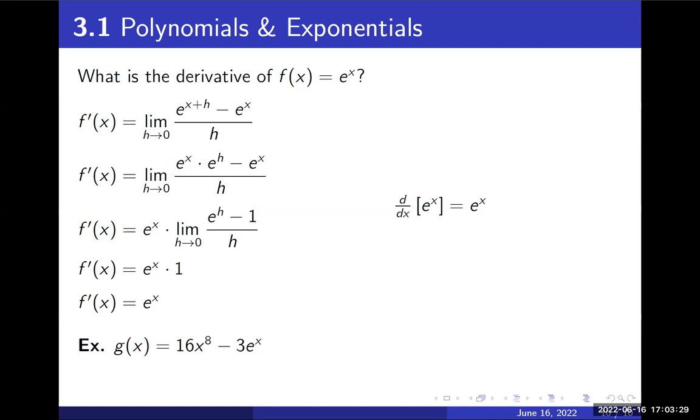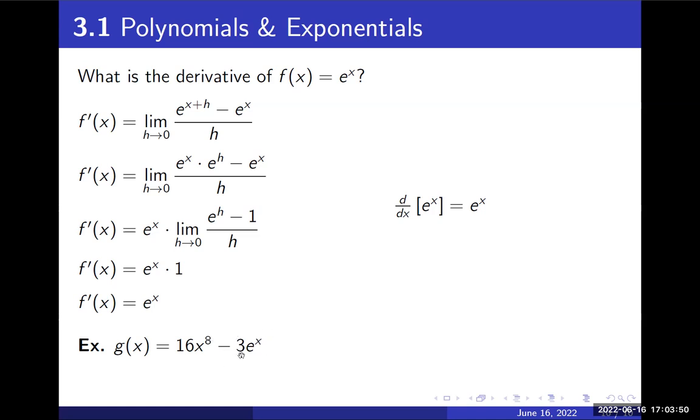Okay, so we've got this one last example. G of x equals 16 x to the 8th minus 3 e to the x. Let's find the derivative. What would it be? Well, hey, 16 x to the 8th, that's just our power rule. And then we can apply what we just learned about e to the x for this last part. 16 x to the 8th, well, we'd multiply the 8 down, it'd become x to the 7th. What about this part?